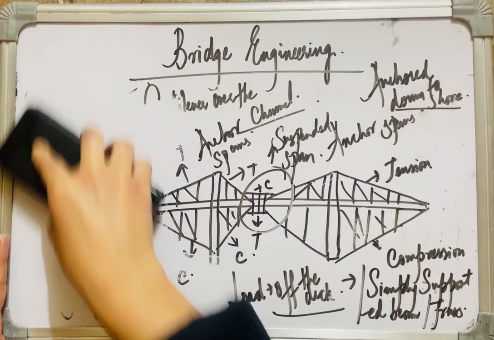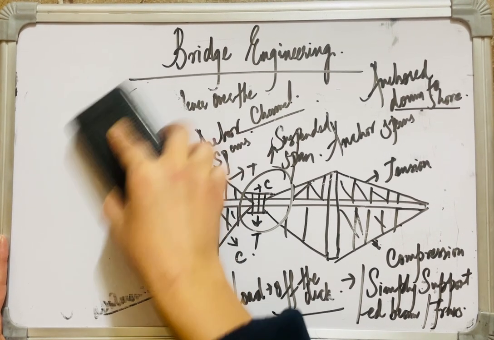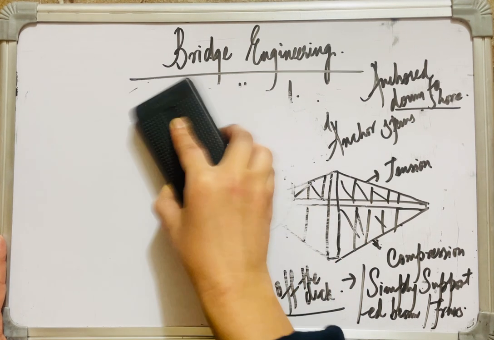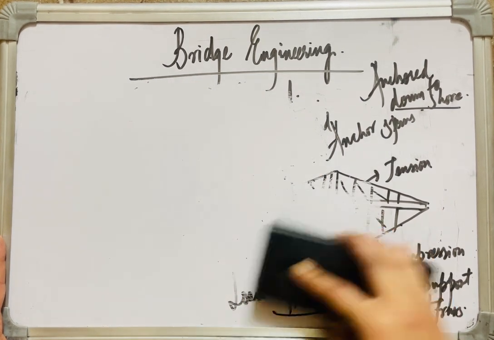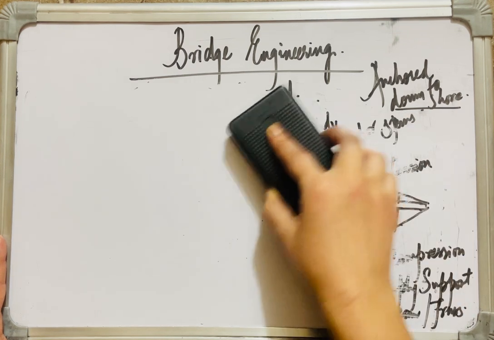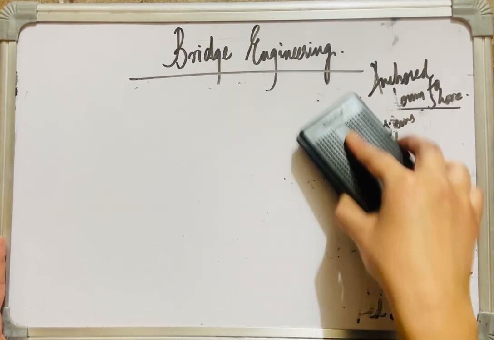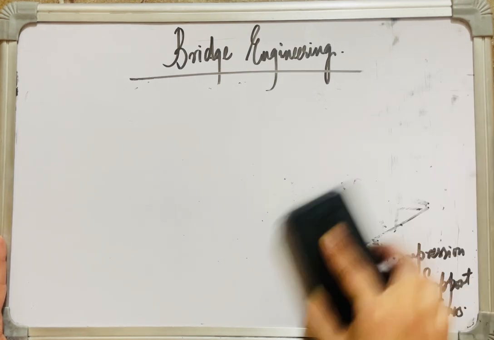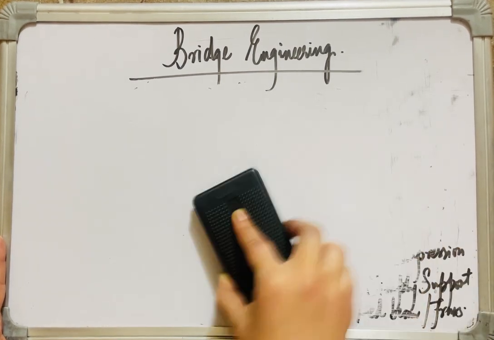So the cantilever bridges are those bridges wherein the bridge deck is supported by means of cantilevers and trusses, and these trusses take the load off the deck and transfer them to the piers or abutments. And we have essentially three spans in case of a cantilever bridge. The outer two spans are anchored down to the shore.